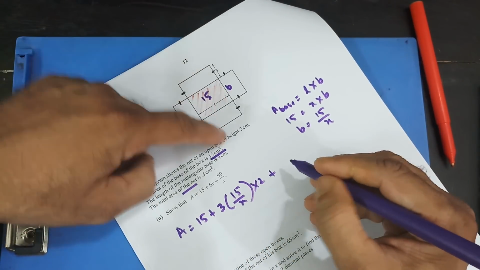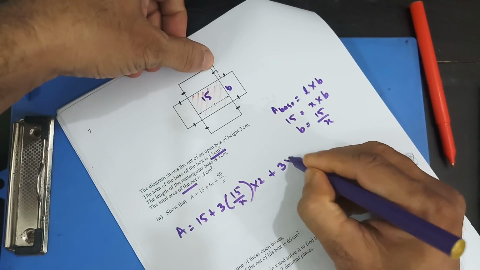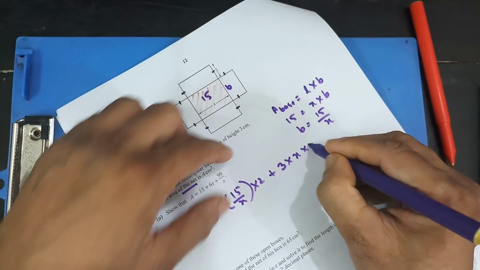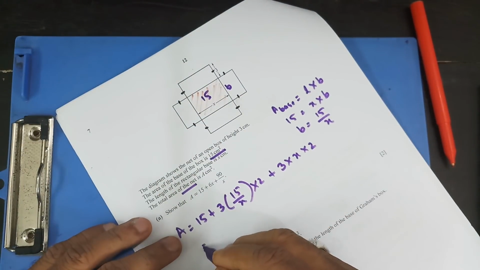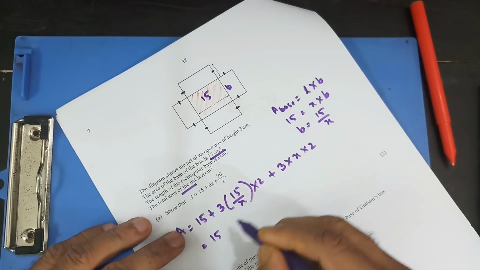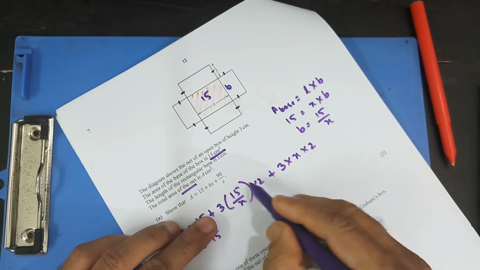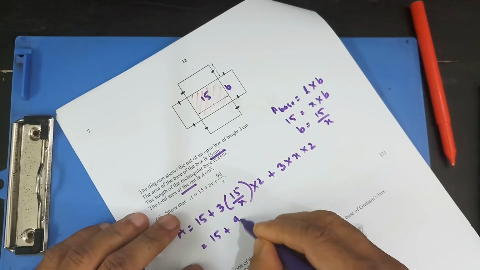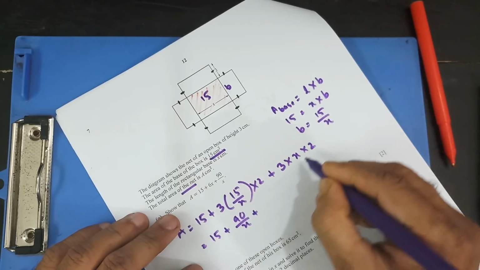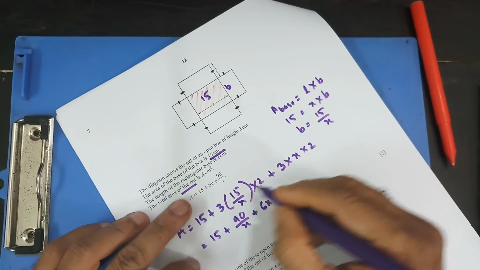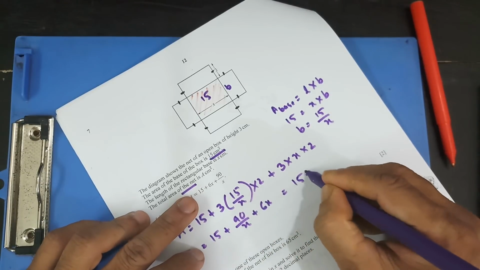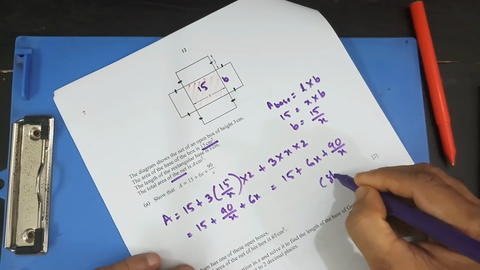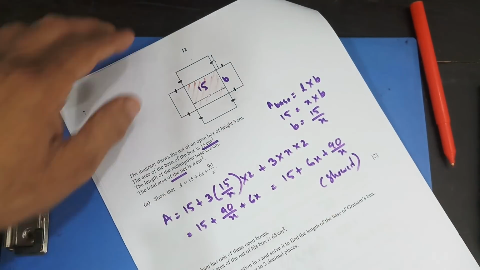Plus there are 2, so it's going to be 3 times x, length into breadth, x times 2 of them. So this is going to be 15, then 90 plus 90 divided by x, and this is going to be 6x. I think we have done it: 15 plus 6x plus 90 by x, shown.